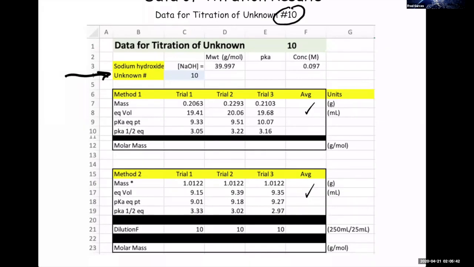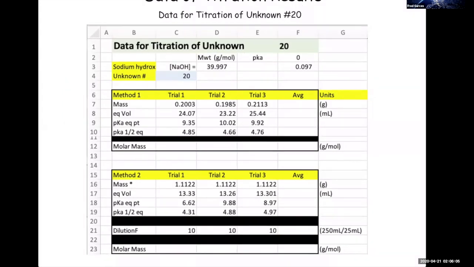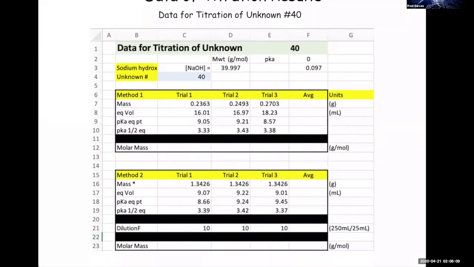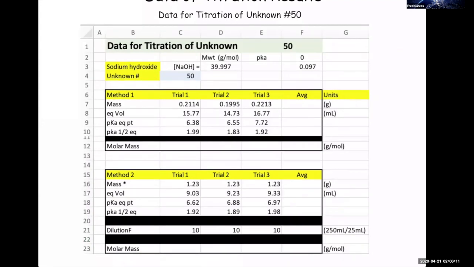But I do tell you what the pH at the halfway to the equivalent volume is right here. Okay. I should correct that, should say pH at the equivalence point, not pKa. pH at the equivalence point. So that's for unknown number 10. That's for unknown number 20. That's for unknown number 30. That's for unknown number 40. And that's for unknown number 50.